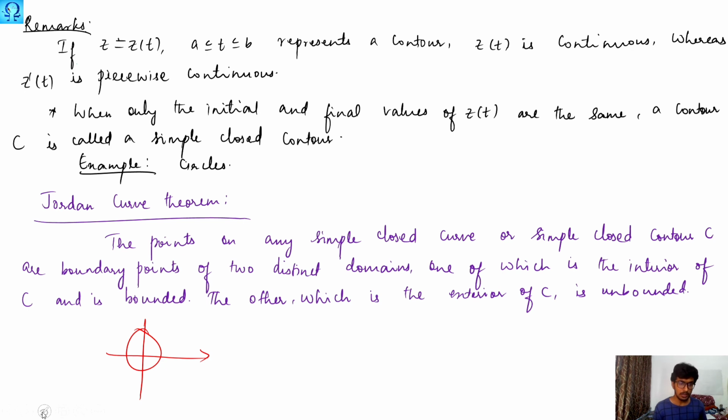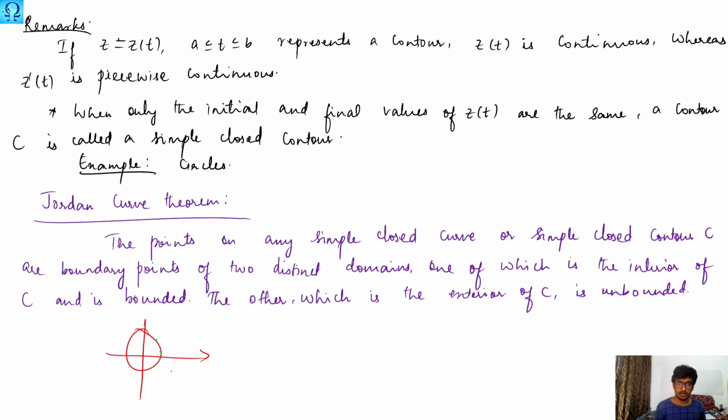On this, I am choosing two different points. They need not be two different points. You can choose any number of points on this closed curve. Those points are the boundary points of both the regions.